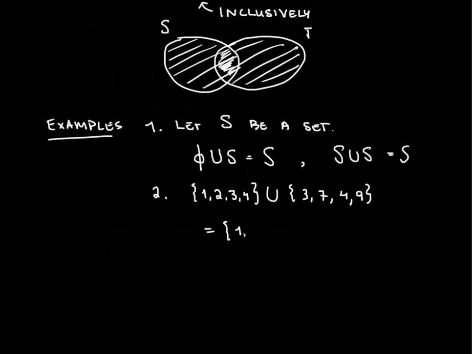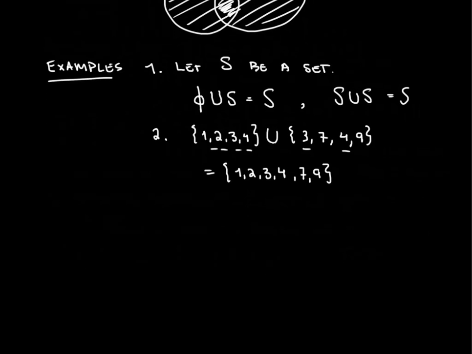So I have 1, 2, 3, 4. So I have all of the elements of this set right here, but I already covered those two objects of my second set, and I have 7 and 9. So the moment I have at least one object in either of my two sets, I know that I'm going to obtain at least one object in the union of those two sets.